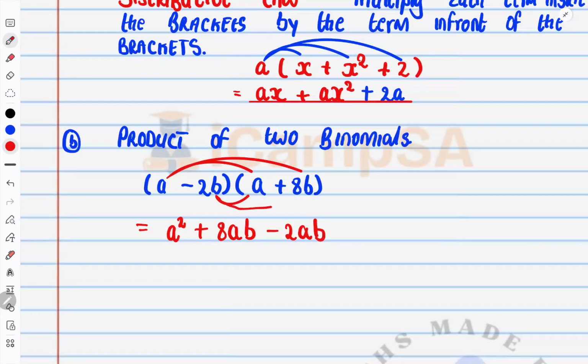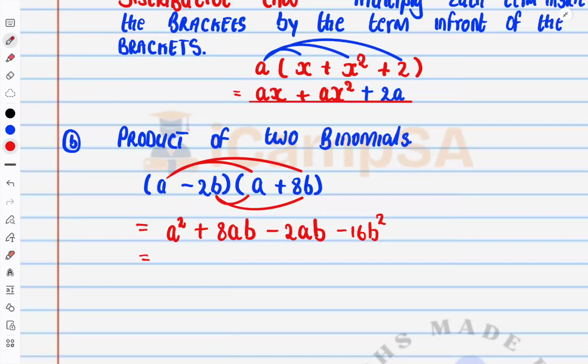Therefore we're going to have negative 2ab, and then lastly we have to multiply the last term with the last term, which is negative 2b multiplied by positive 8b. Therefore we're going to have negative 16b squared. I'm sorry, I almost missed that. It's negative 16b squared.